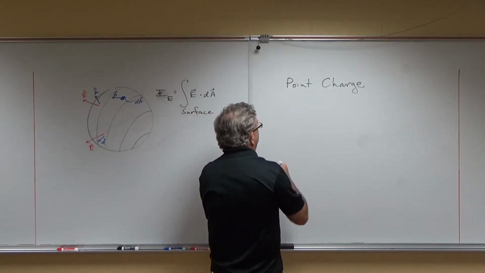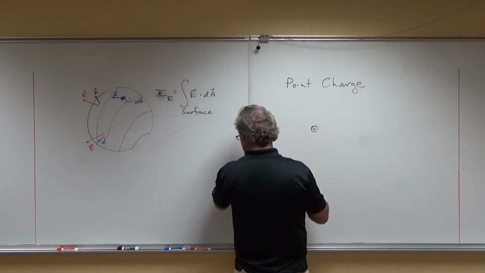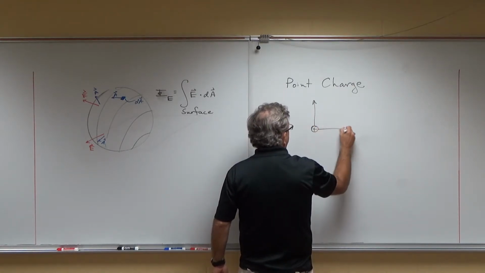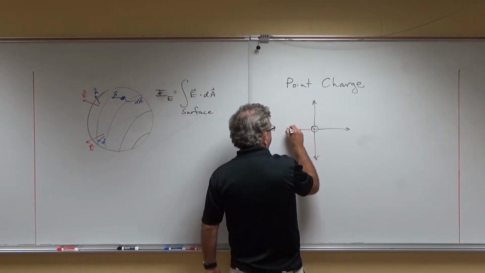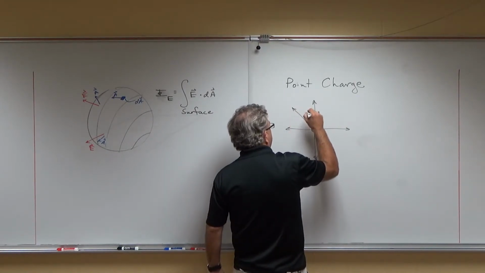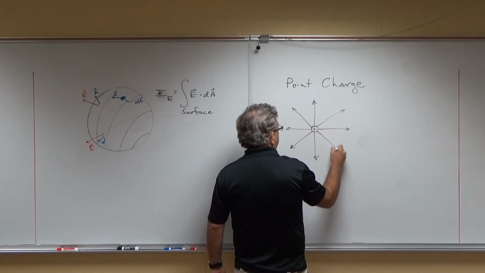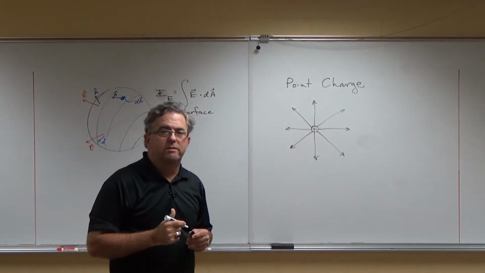So remember, I'll use a positive charge like I usually do. It doesn't have to be positive. Here's a little bit of positive charge, and those are the field lines.